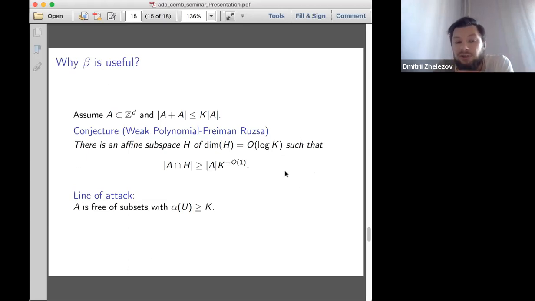Dmitrii Zhelezov showed more than 10 years ago, even this weak version of the polynomial Freiman-Ruzsa conjecture is extremely helpful in the applications, mainly because you can apply the subspace theorem, which requires only the rank condition. And this dimension, log k, is exactly the threshold where the subspace theorem becomes ineffective.